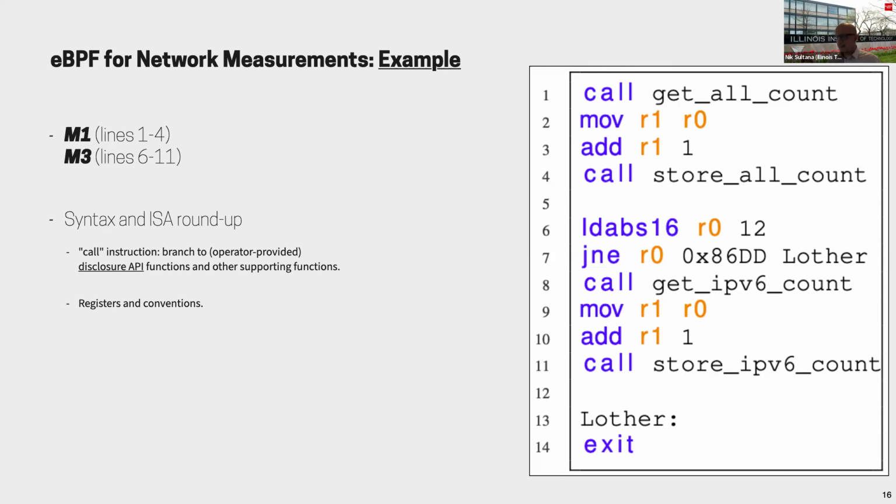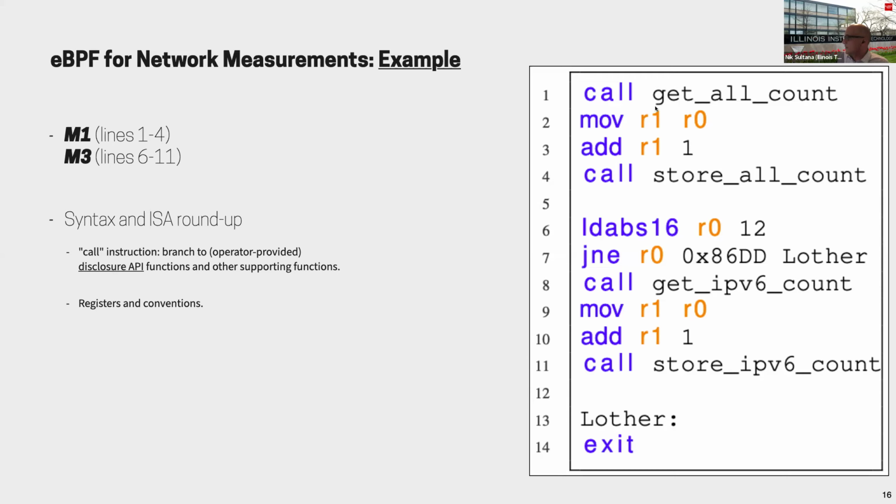I'm sidestepping here some details that differ between BPF and eBPF, and also talking about associative storage. But think of this as a call we can make to an operator-provided function that can give us in a register the value that has accrued so far. Then we're going to move it to another register. We're going to increment that.